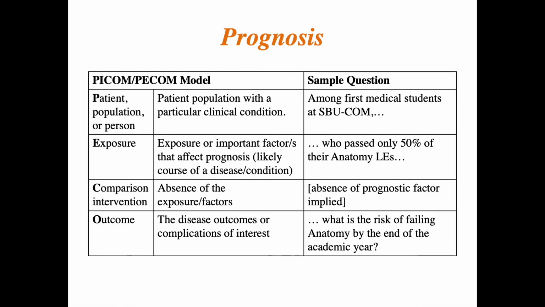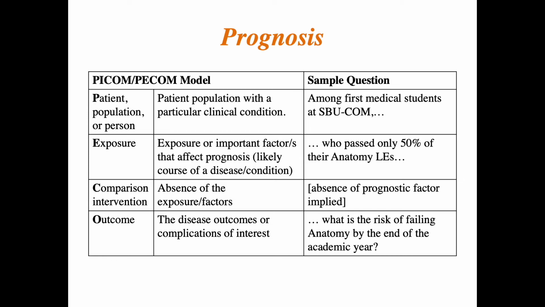And again, just to reiterate, research questions may not necessarily always involve anything medical. So in this particular example, we're looking at medical education. Among first-year medical students at SBU College of Medicine, that would be the P component of the PECOM model, the risk factor is they only pass 50% of their anatomy long exams.